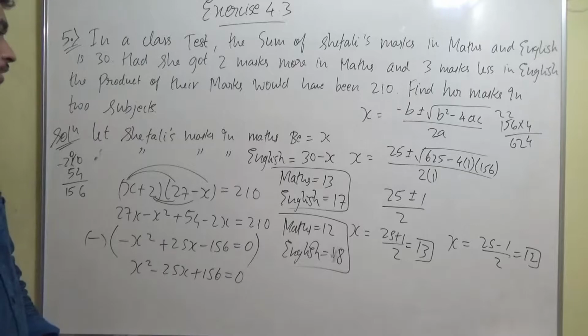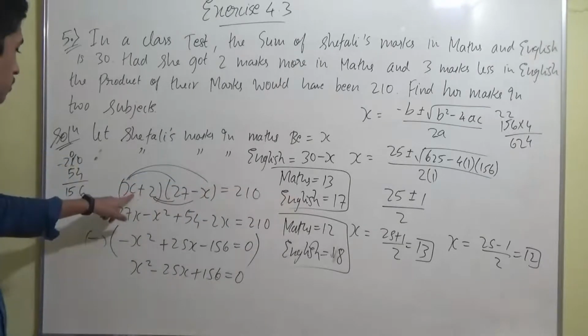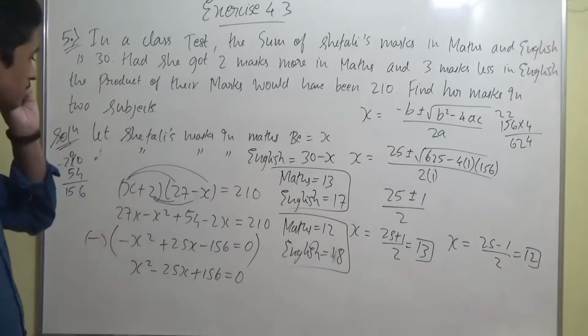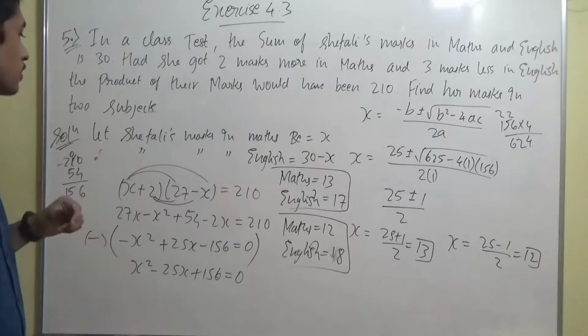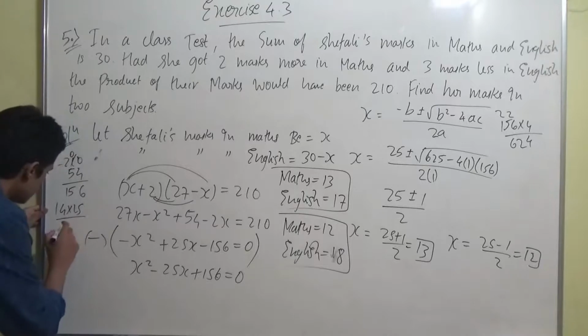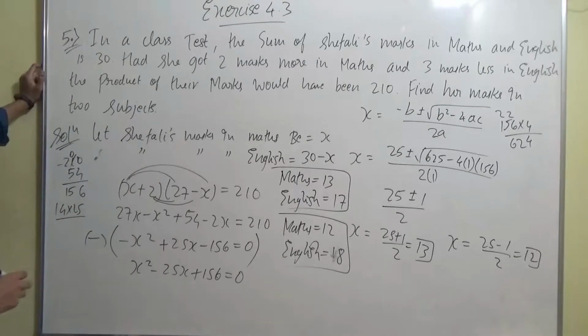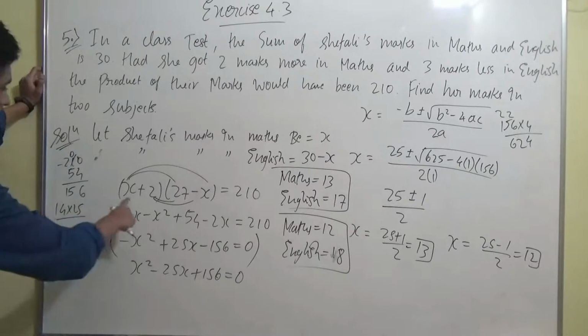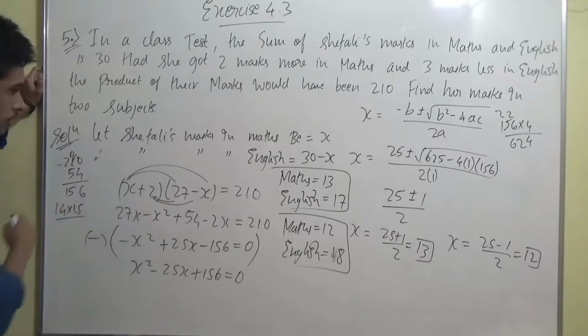Or else I think we have to substitute it back into the equation and check whether it is satisfying or not. For example, if you put 12 here, it will become 14, and here it will become 15. 14 into 15 will become equal to how much? 210.